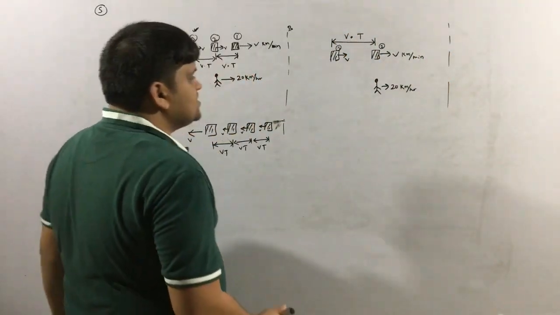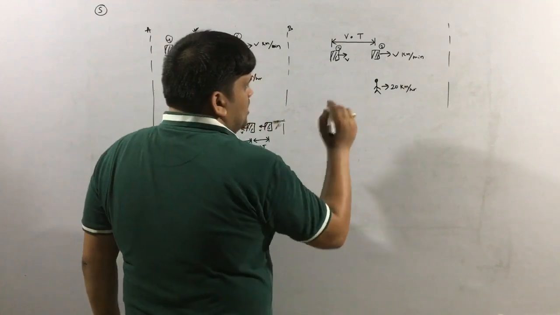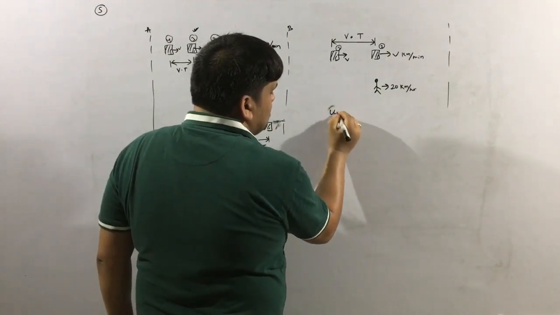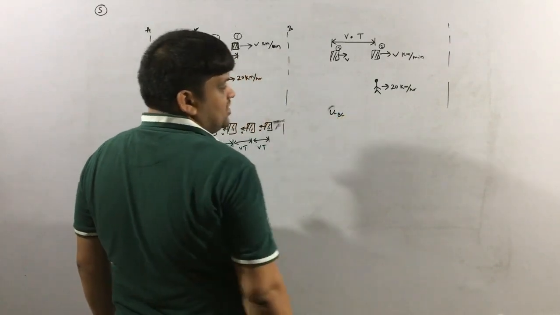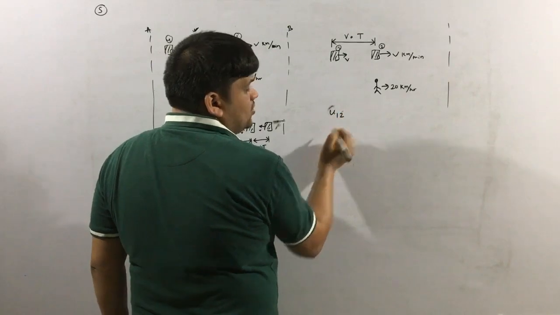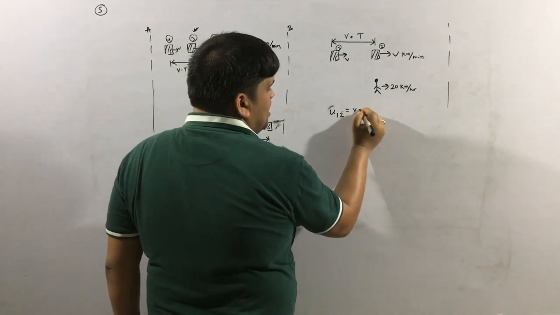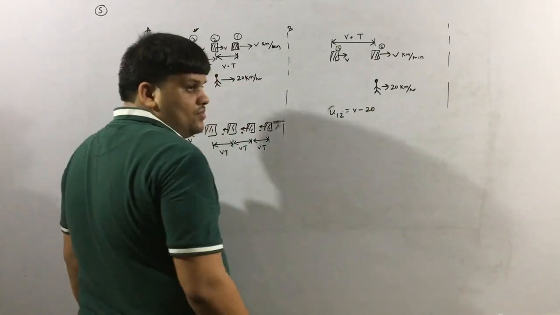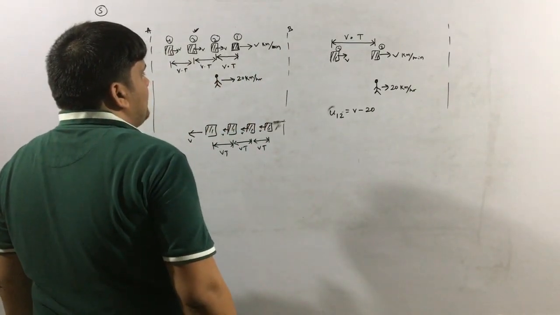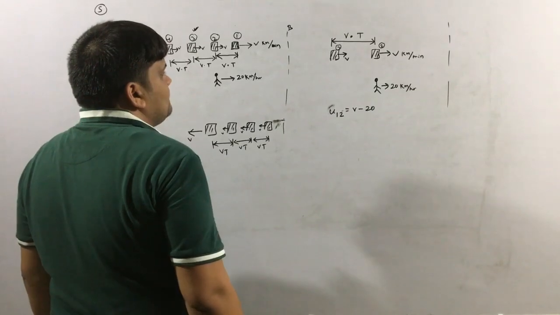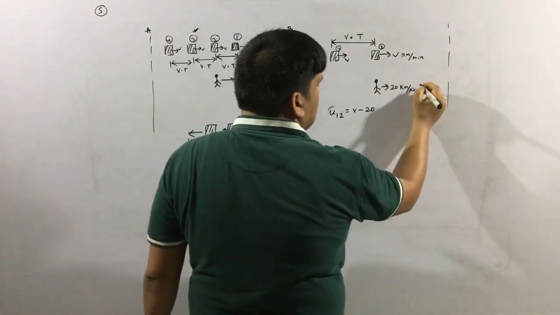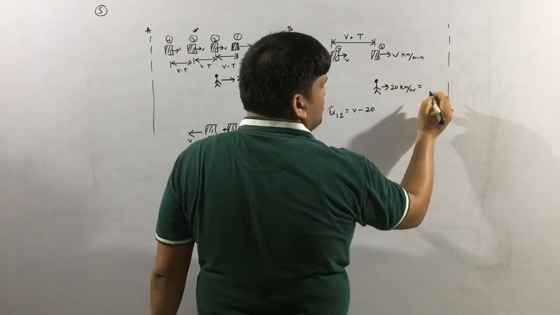What are the things given here? If I write the initial velocity of the bus with respect to the cyclist, let me write the bus as 1 and the cyclist as 2. So u12 will be equal to v minus 20. Now, it is given in minute, so we have to convert kilometer per hour into kilometer per minute.